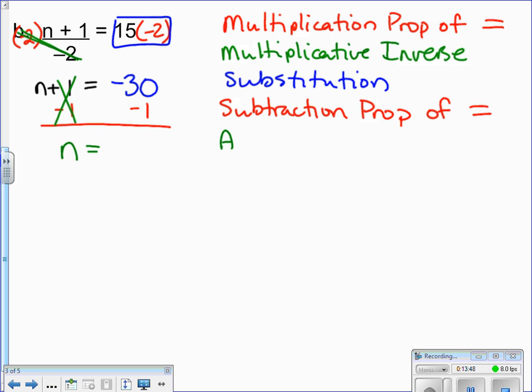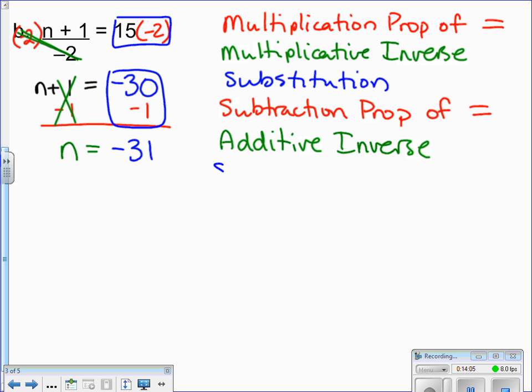The additive inverse. Good. And then negative 30 minus 1 more is negative 31. Substitution. Okay? All right, last one to look at.